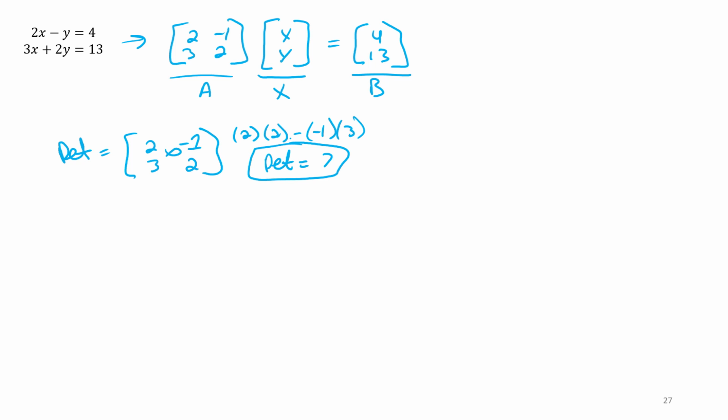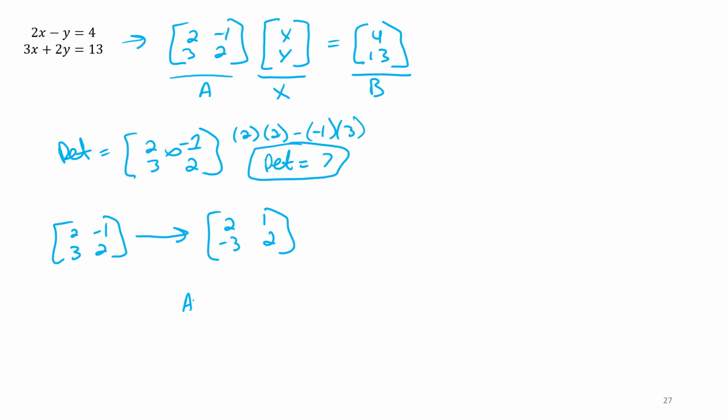We're going to do the inverse, so we would switch the A and the D and flip the sign of B and C. So our original matrix of 2, 3, -1, and 2 would be changed to 2, -3, 1, 2. And we have our inverse matrix.